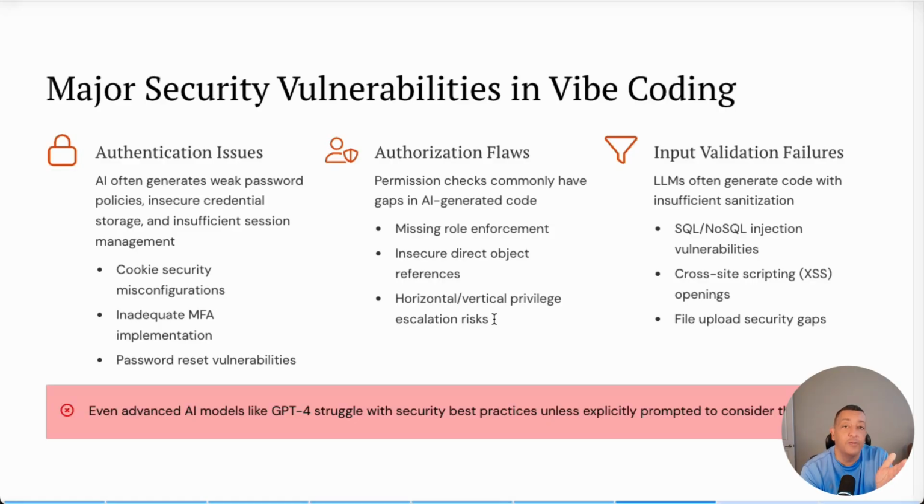If you're not careful and you haven't told the LLM to validate those inputs, then you may be opening yourself up to one of the most dangerous types of vulnerabilities. It's called a SQL injection. And that allows an attacker to manipulate your database through your front end web application. And that's going to be a bad day if that happens.